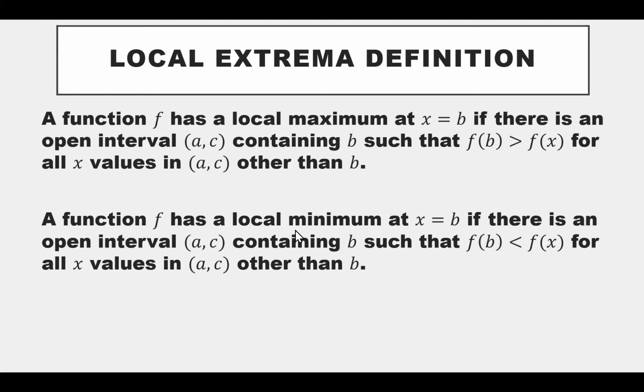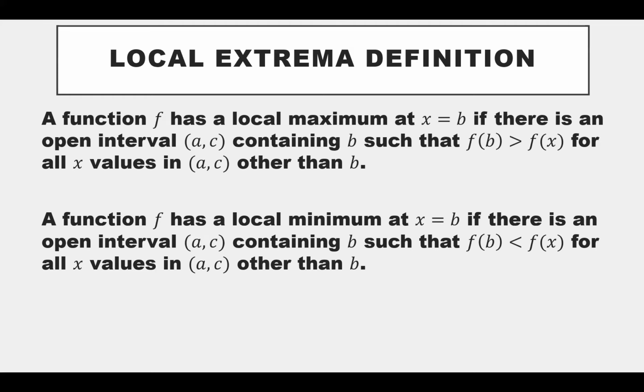A similar thing can happen with a local minimum. A function has a local minimum at x equals b if there's an open interval containing b such that the y value is smaller than the other y values around that point. So a local maximum point is a point which is the highest point in a local region around itself.